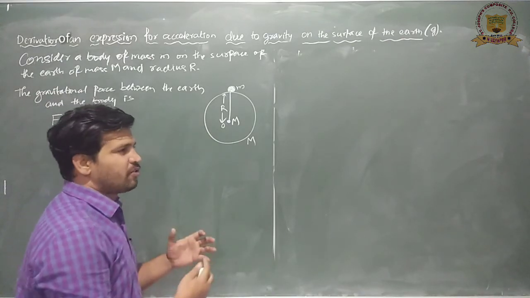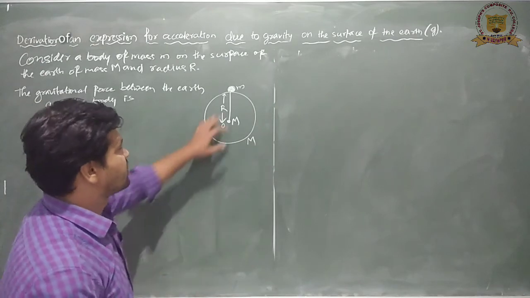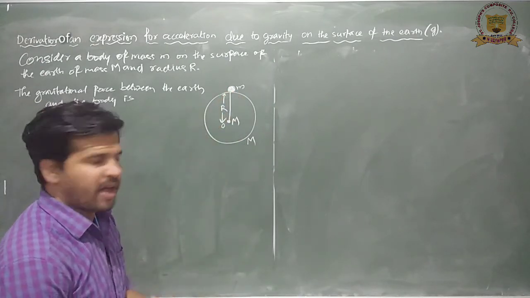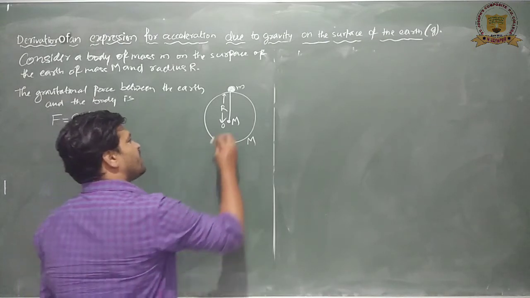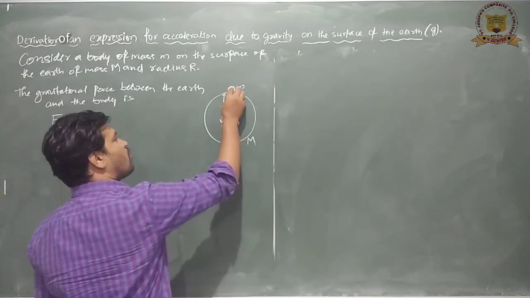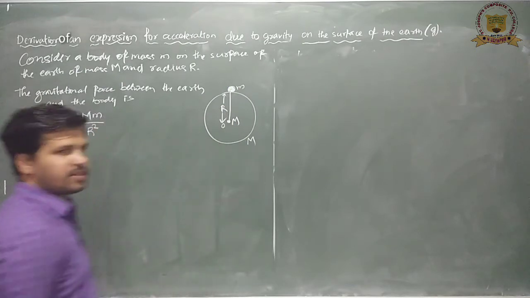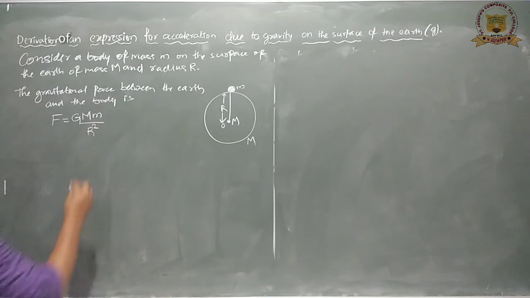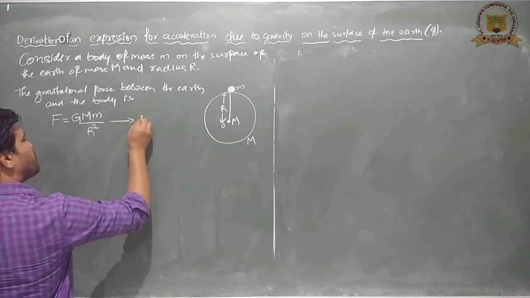That's how the earth exerts gravitational force on this body of mass small m, and because of that the distance between the center of the earth and the body is capital R. That's why it is divided by R square, and we call it equation number 1.